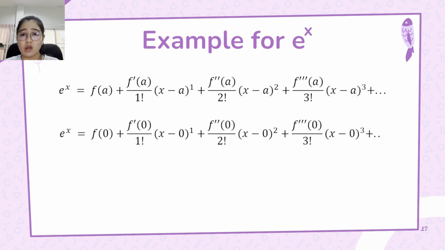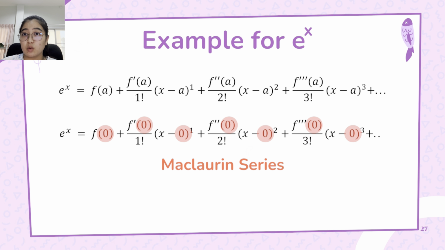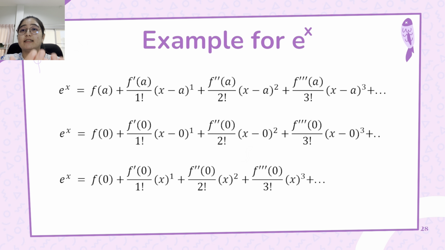So every derivative of e to the x that we evaluate at 0 will always be equal to 1. So now this is the expansion of e to the x that we use for the series.